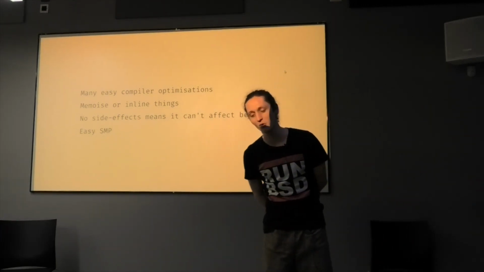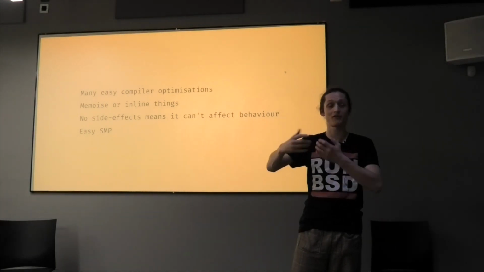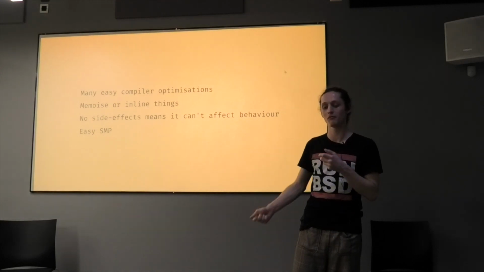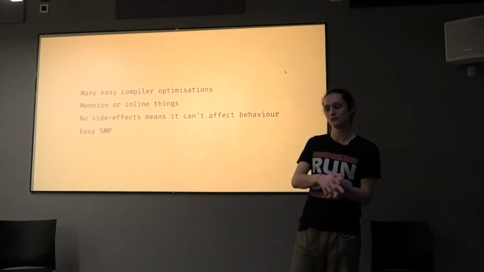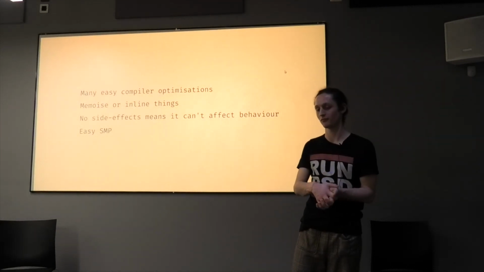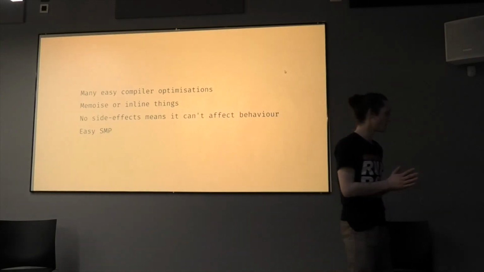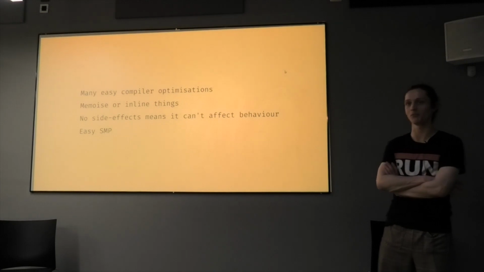So you can memoize. The compiler can decide that it makes sense to memoize something, because of referential transparency, you can memoize every single function. It's always going to provide the same output for the same input.